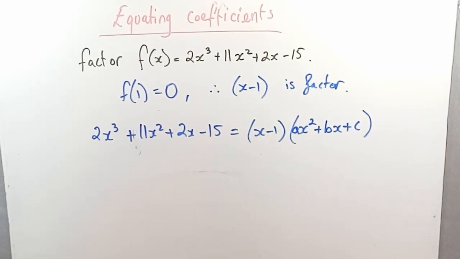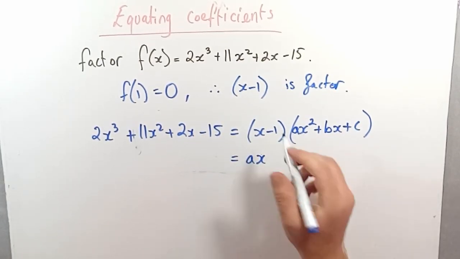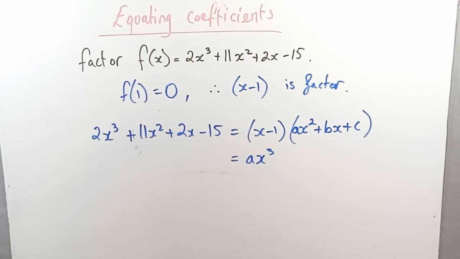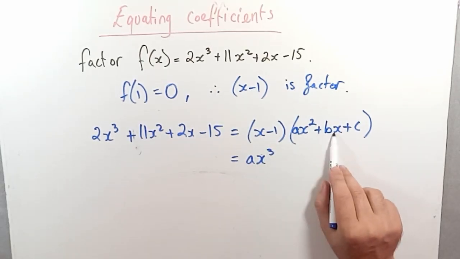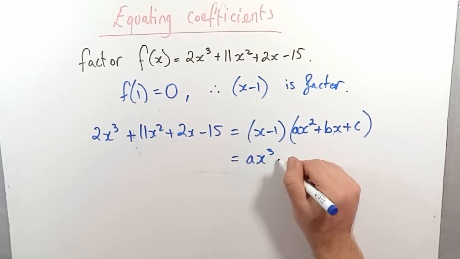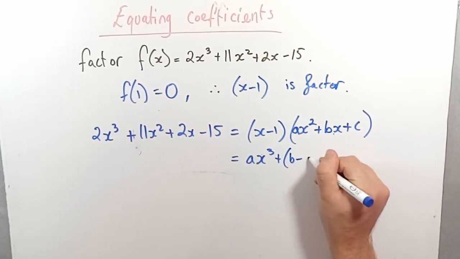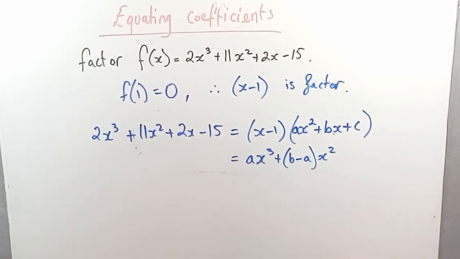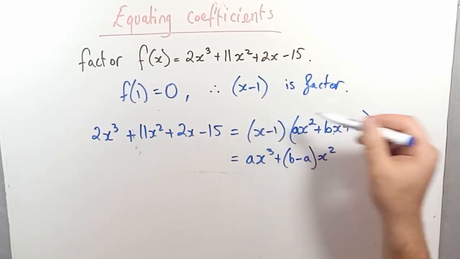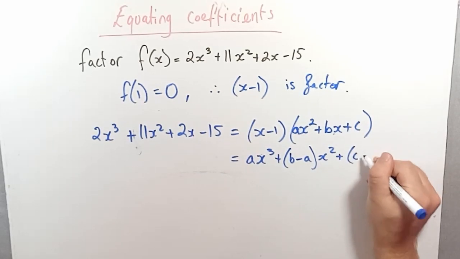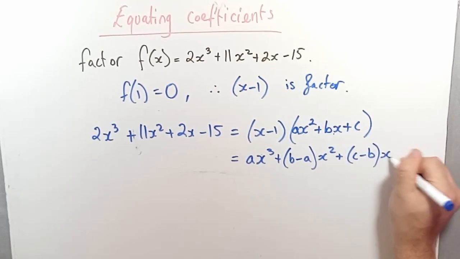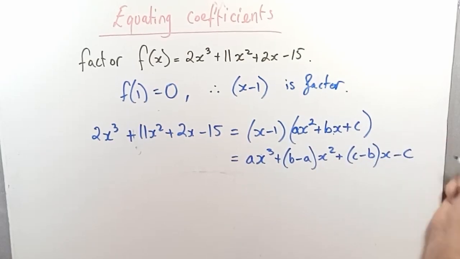Now, if I was to expand this out, I get ax cubed, and then I look for my x squared. How do I get an x squared? I get bx squared minus ax squared, so plus (b minus a) x squared. How do I get my x's? I get (c minus b) x, and then minus c.